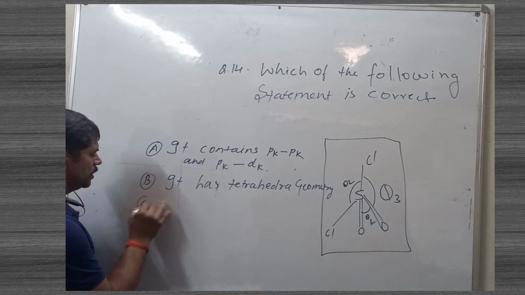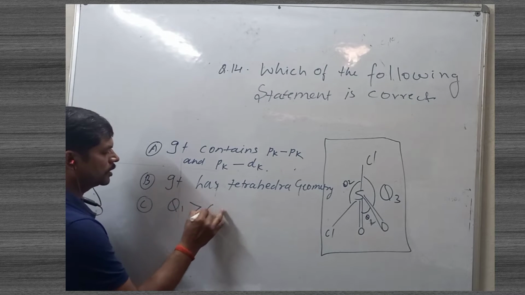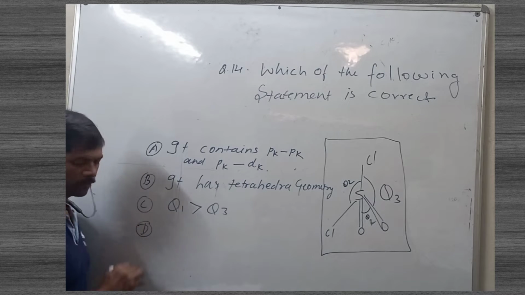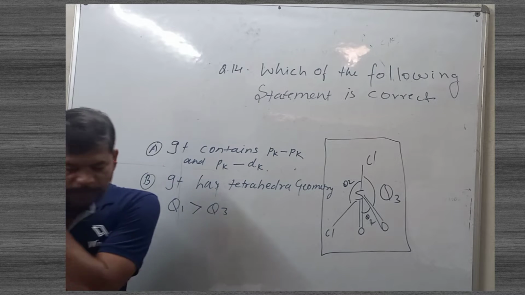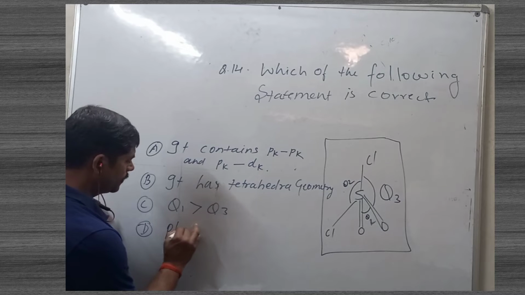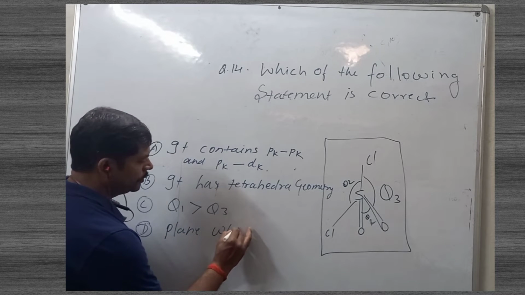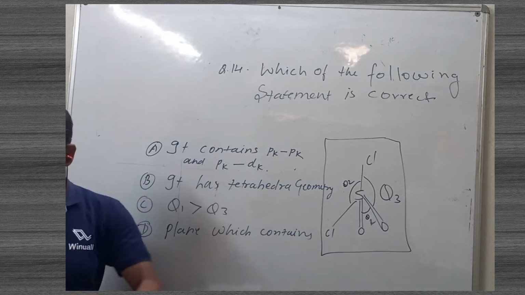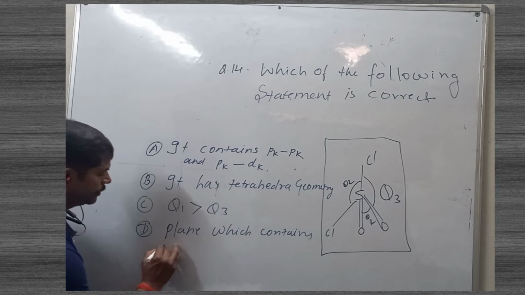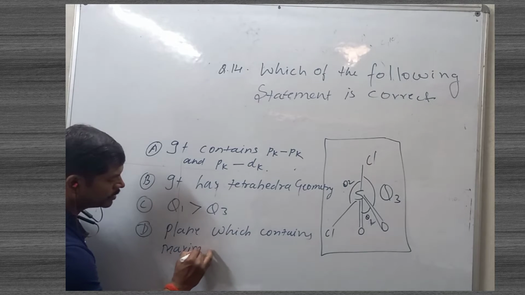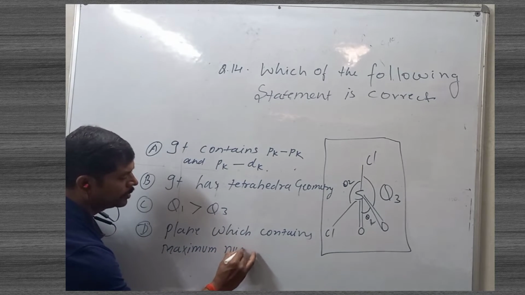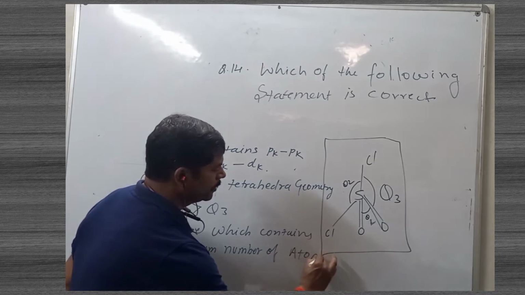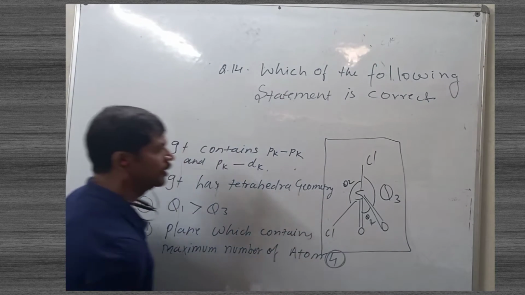And third one, C, is theta 1 is greater than theta 3. And D is the option, the plane which contains maximum number of atoms, 4, right?